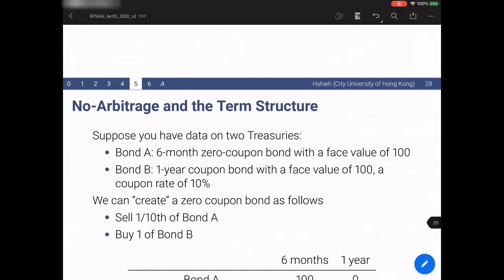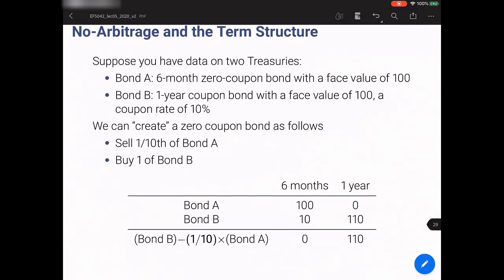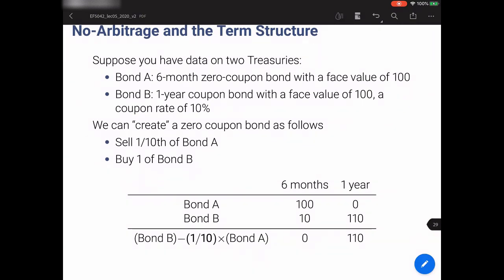So let's go through an example here. Suppose you have data on two treasuries, or U.S. government issued bonds. Bond A is a 6-month zero coupon bond with a face value of $100. So that means this bond matures in 6 months, and you will get a face value of $100 at the end of 6 months.